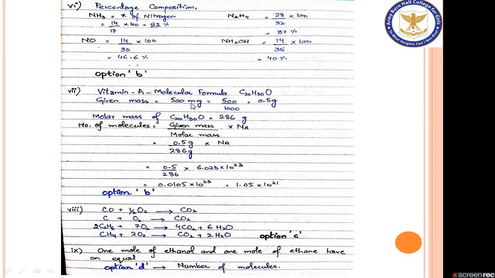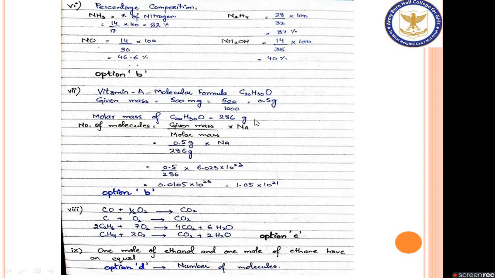So first you have to convert these milligrams into grams. Milli is equal to 10 raised to power minus 3. So for converting milligram into grams, you have to divide 500 by 1000. So the given mass will be 0.5 grams, and the molar mass of vitamin A is equal to 286 grams.